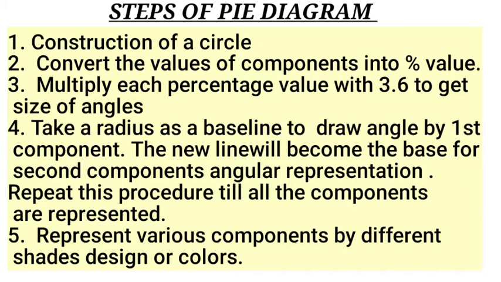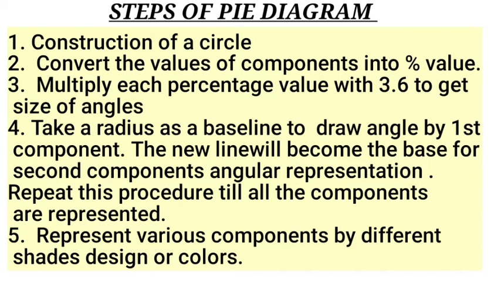Since one circle contains 360 degrees, as you already know, and the percentage values of all items are equal to 100, therefore one percentage value will be represented as 360 degrees upon 100, or you can simply write it as 3.6.